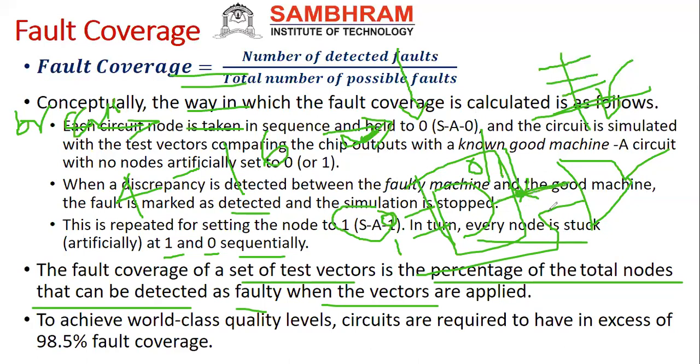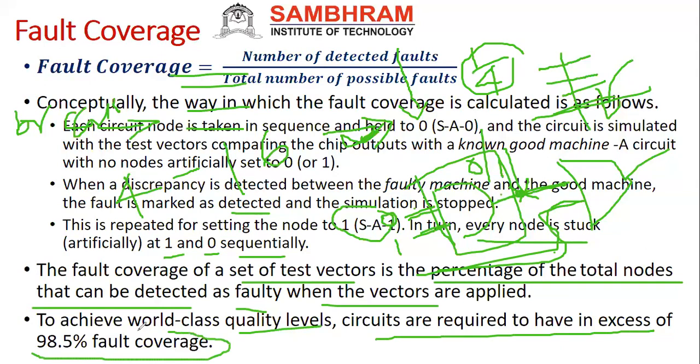This is one possible fault, here is one possible fault, then this is one possible, and this one, so 1, 2, 3, 4. Right, so the total possible faults are 4. Now the detected fault is only 1, so 25% fault coverage. To achieve world-class quality level, the circuits are required to have in excess of 98.5% fault coverage. So with the help of this, we can do it.